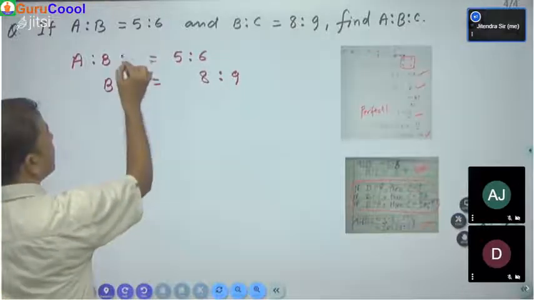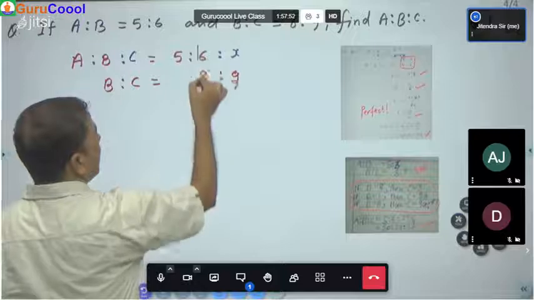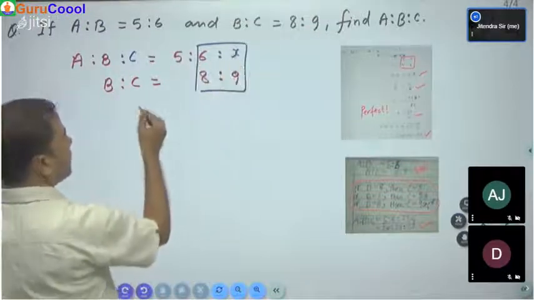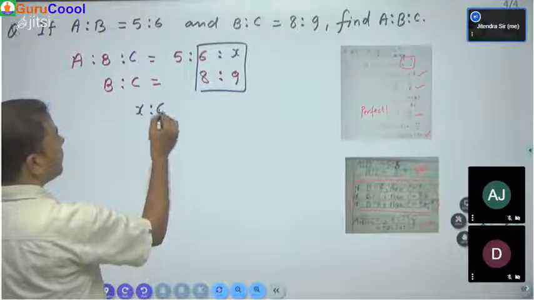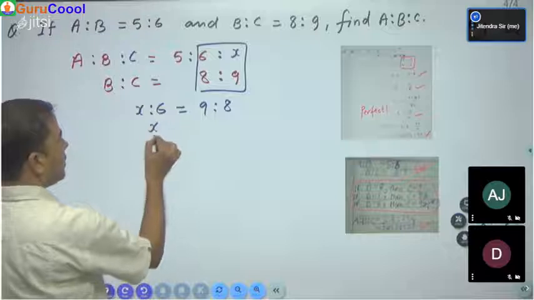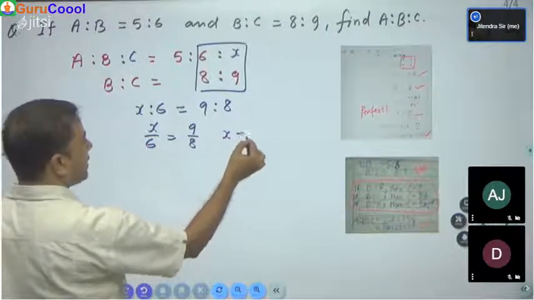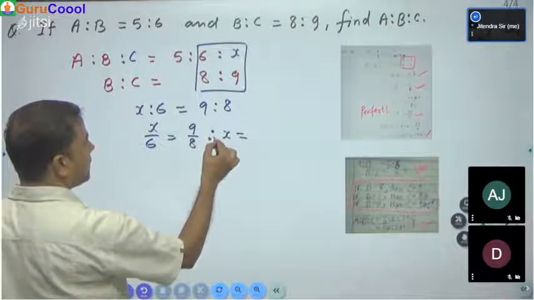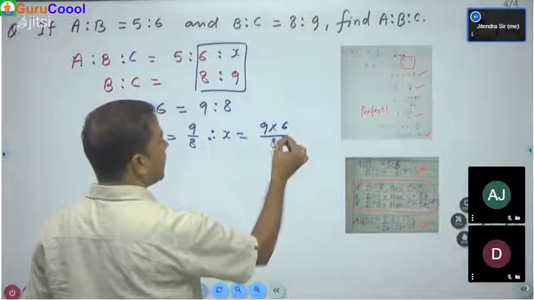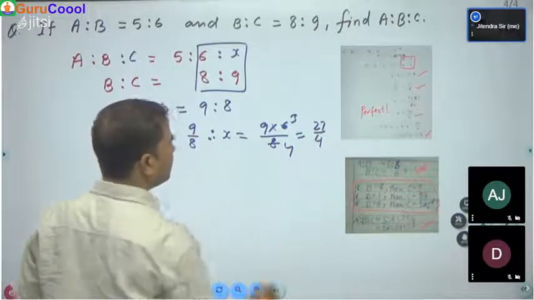This is C and this missing value I take as X, and now I look at this pair of values. X is to 6 equals 9 is to 8. So X by 6 equals 9 by 8, and that means X becomes equal to 9 into 6 by 8. 2 3s, 2 4s, 27 by 4.